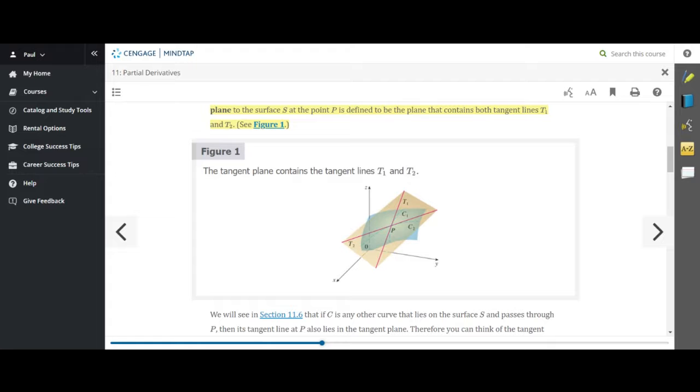Let me bring this up in the whiteboard. You remember the equation of a plane as a times (x minus x sub 0) plus b times (y minus y sub 0) plus c times (z minus z sub 0), and that equals 0.